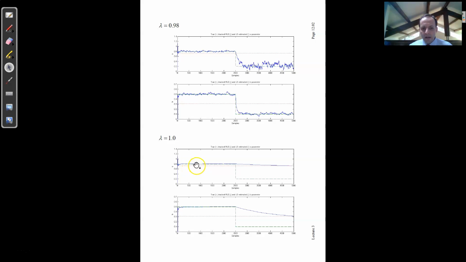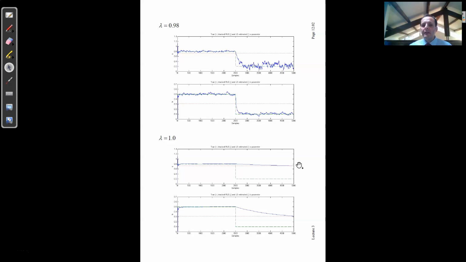The classical least square finds the real value of the parameter, but of course, when there is a change, because the past data are included in the least square, it gives you at the end the value of the classical least square, which is wrong.